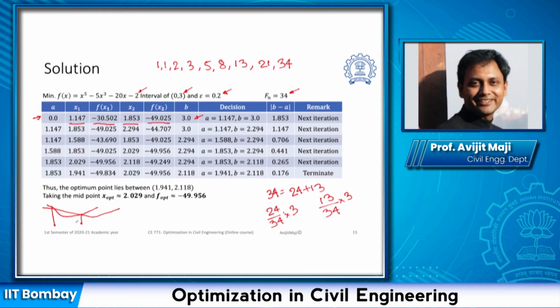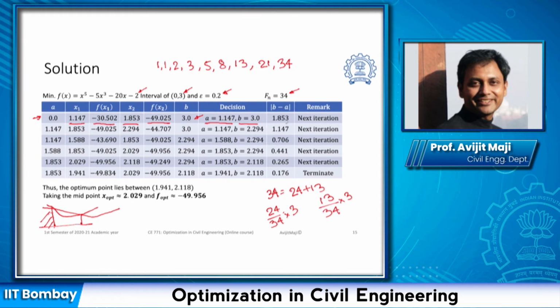So if we have this condition, then we can eliminate any of the region which is on the left hand side of this point. So my lower boundary is going to move to this new point, and that is exactly what is happening. My lower boundary now is going to be 1.147, which is x1. The upper boundary we are unable to decide, and hence it is going to retain the same.